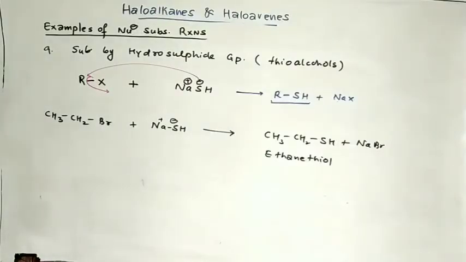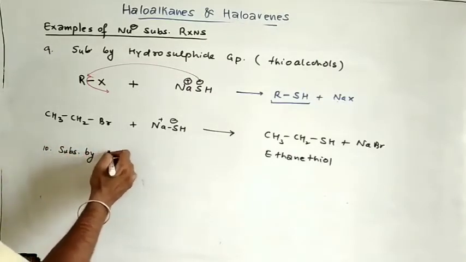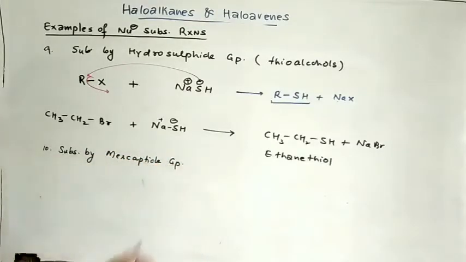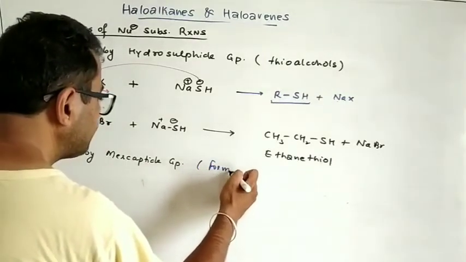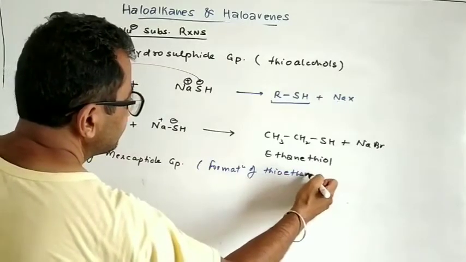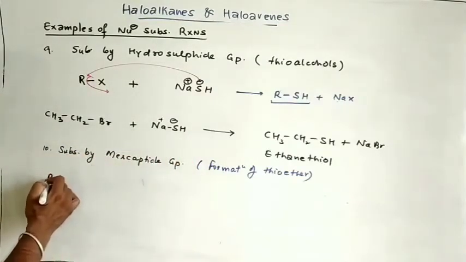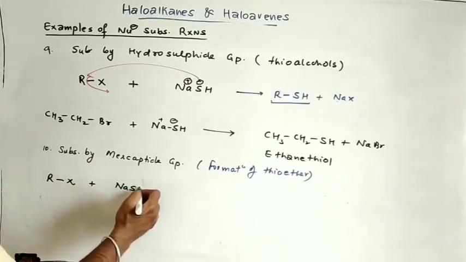Next is reaction number 10, substitution by mercaptide group, formation of thioether. So when you treat, just replace this H by R', RX with NaSR'.